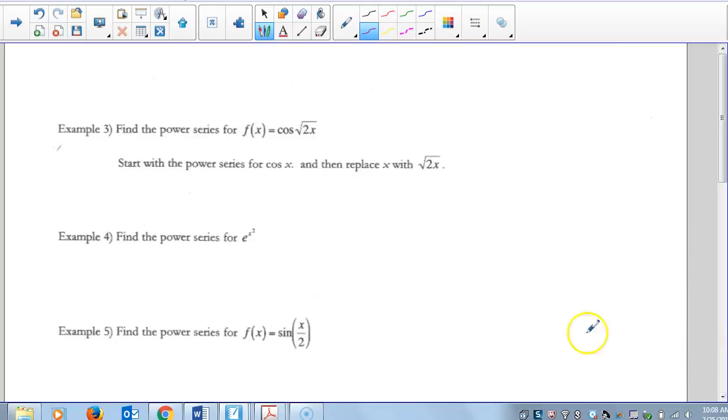So we can use the same idea. I'll do this one out just so that you see it one more time.